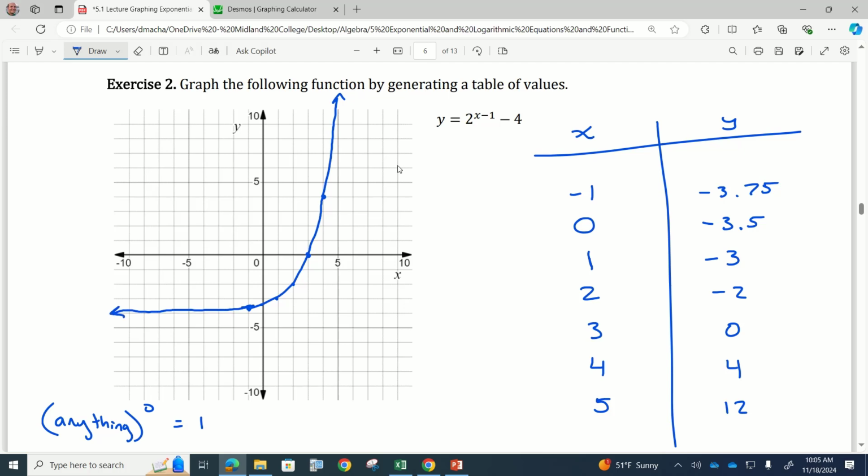Okay, if we did this correctly, this should look just like the curve we graphed for 2 to the power x, but it should be moved 1 unit to the right and 4 units down. Remember section 4.4 when we talked about graphing transformations and moving them to the left and right and up and down? So that looks exactly like the curve we had before, but moved to the right 1 unit and down 4 units.